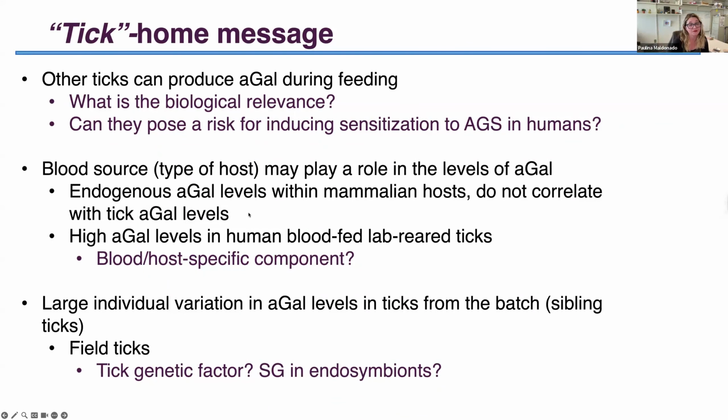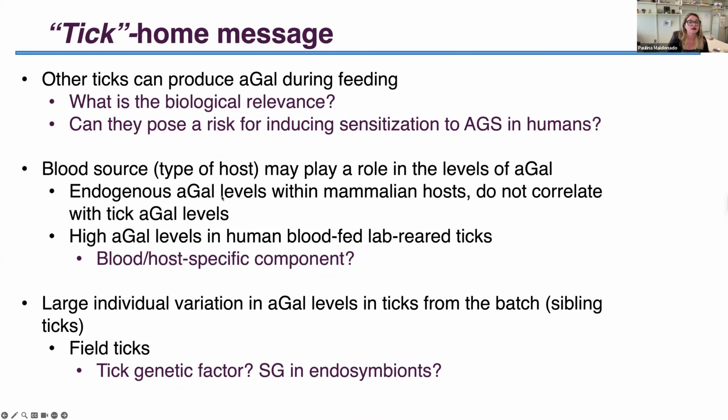I believe that there might be a shift as well in tick population, which we would also want to address. Now, the other thing is that the blood source, or in this case, we're going to call it type of host, may play a role in the level of alpha-gal.